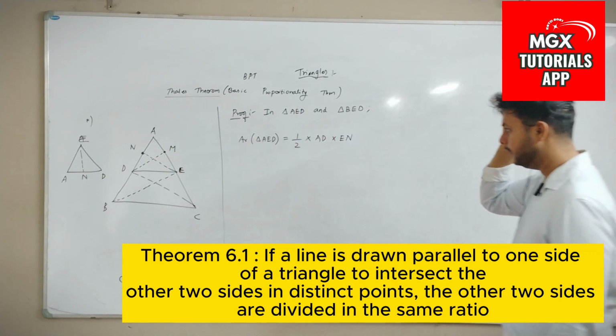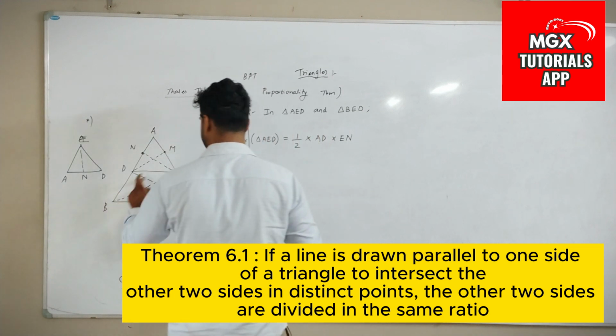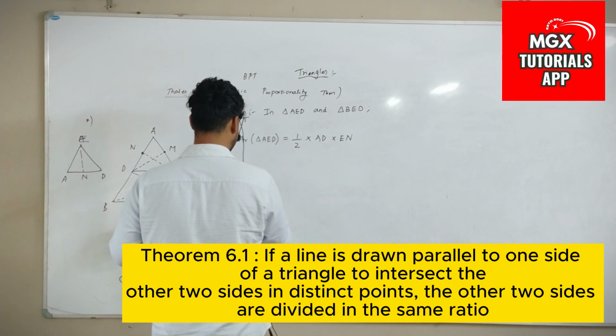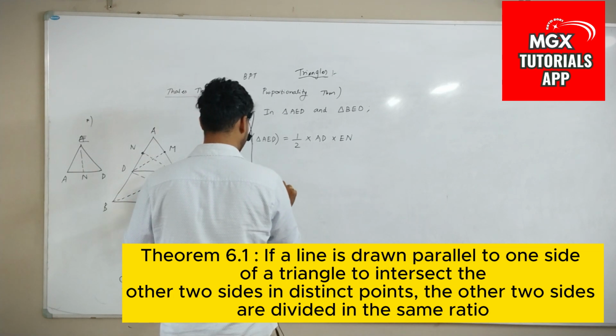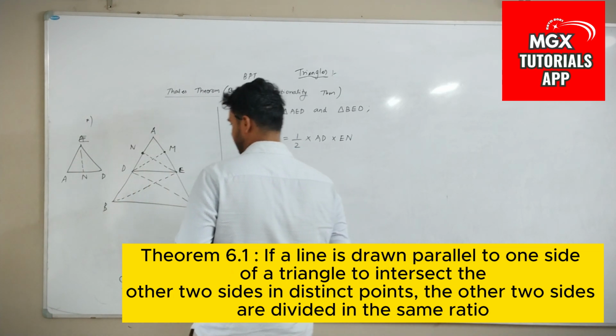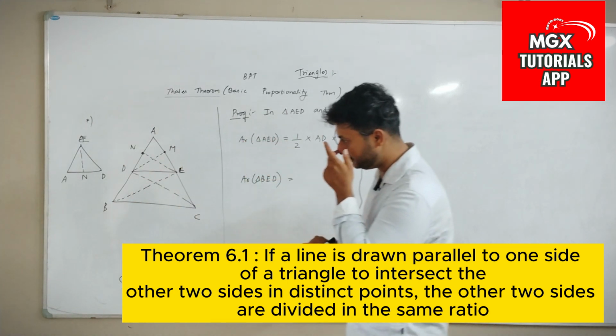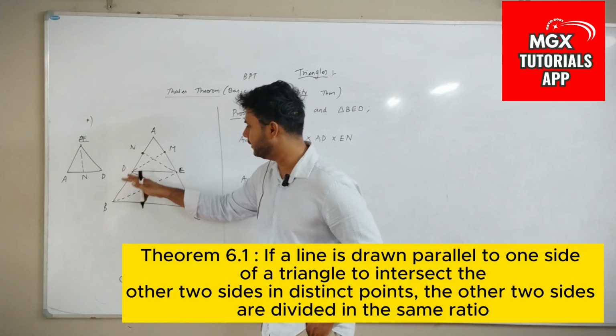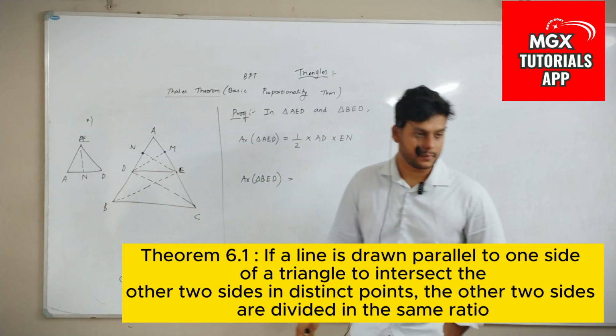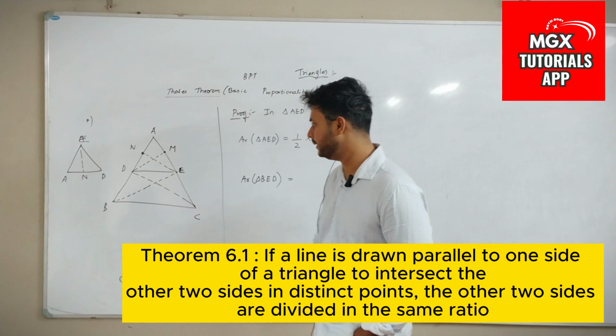Okay, next come to this triangle now. Area of triangle BDE. Can anyone tell me what is its base? This triangle BDE, what is the base? BD. Okay, what is the height?